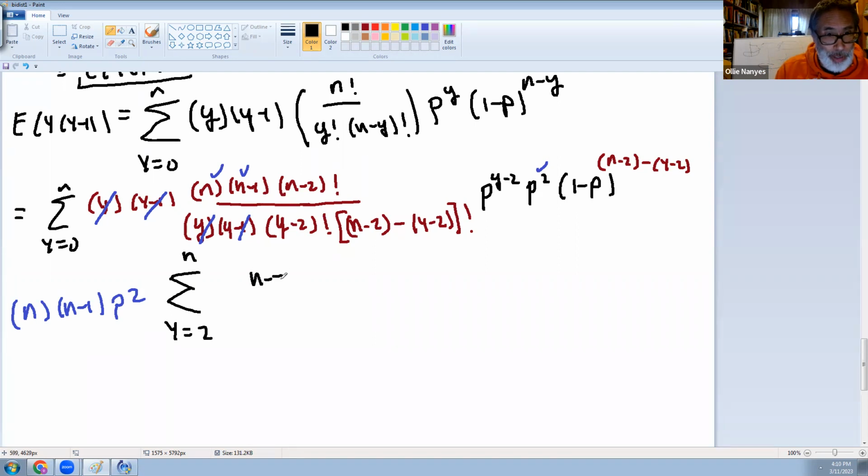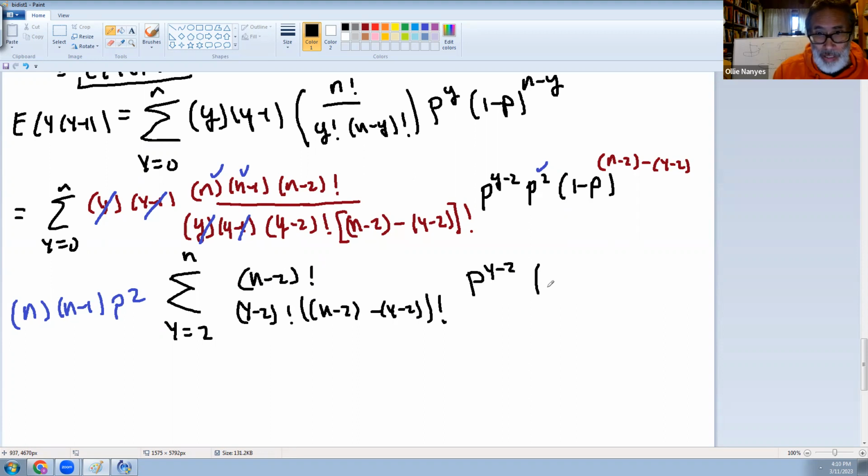Now I have an n minus 2 factorial, y minus 2 factorial, n minus 2 minus y minus 2 factorial, p to the y minus 2, 1 minus p, n minus 2 minus y minus 2. Now we do the same thing we did before. What we do is we let x equal y minus 2.